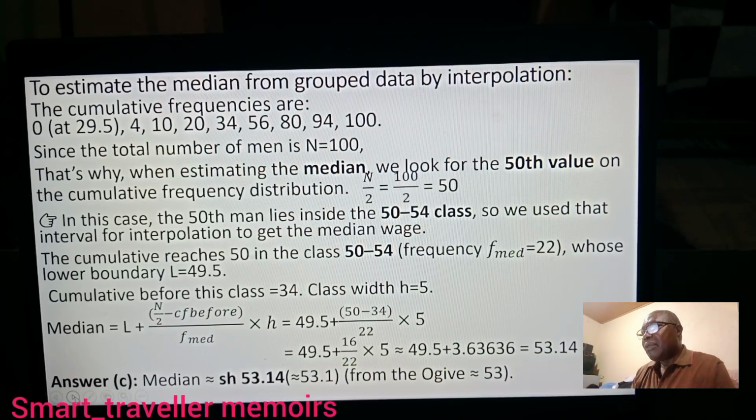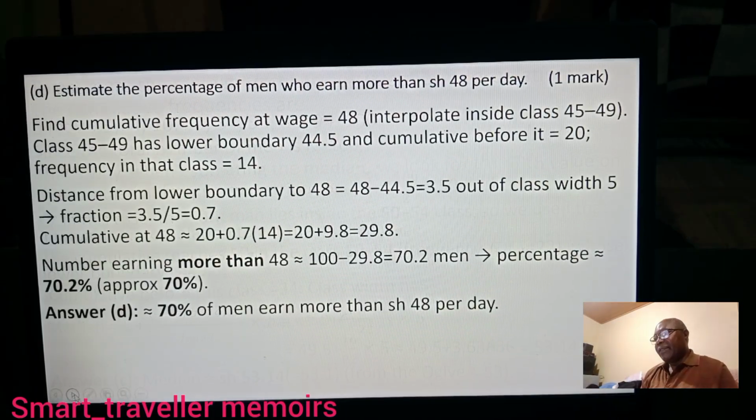Then the cumulative frequency before the median class is 34. We divide all that by 22, the frequency of the median class, and then multiply everything by 5. We simplify, and we end up with the answer 53.14. Therefore the median is approximately 53.1, and from the Ogive, I think you can get 53, which is close.